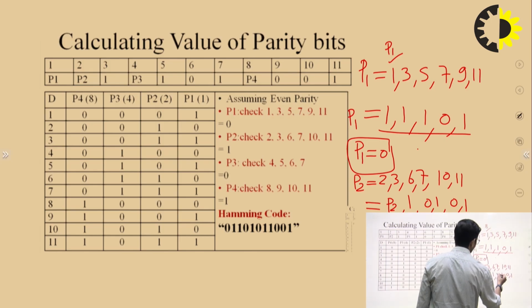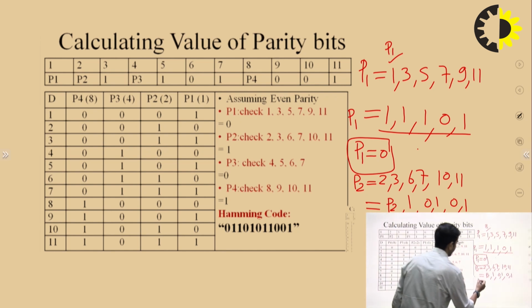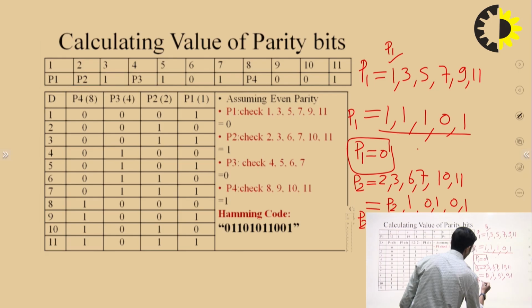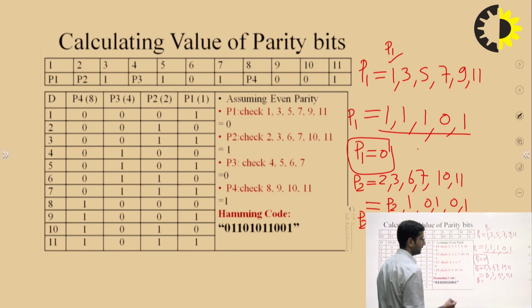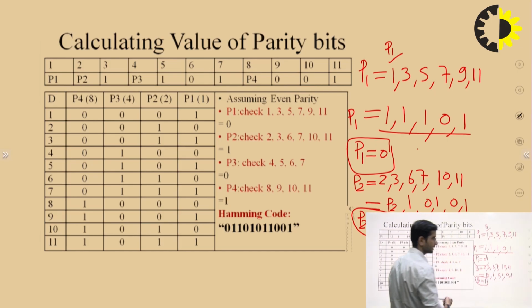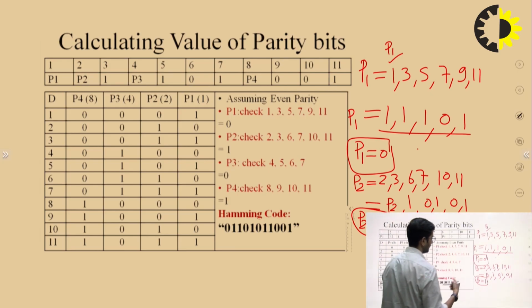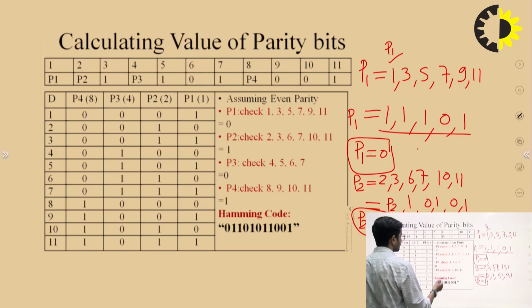Here we can observe that there are 3 ones, that means this is an odd number. For even parity, the number of ones should be even. So the value of P2 should be 1. Then only will this message signal become even, because if P2 is 1, there will be 4 ones. That's how we calculate the value of the parity bits.